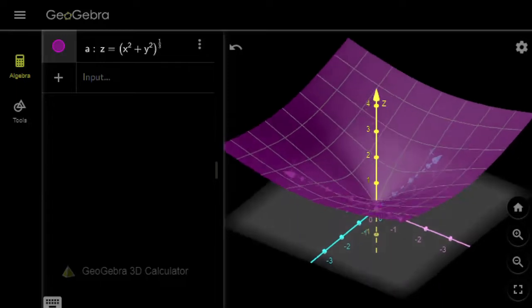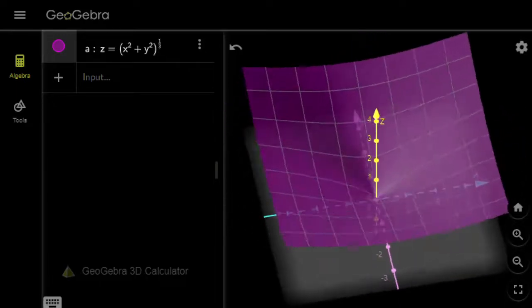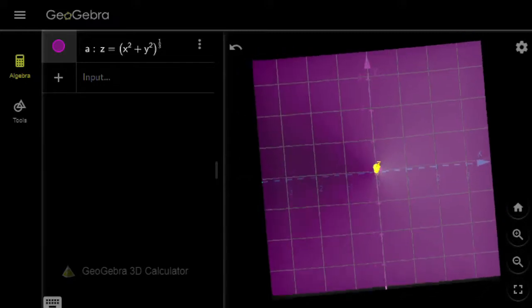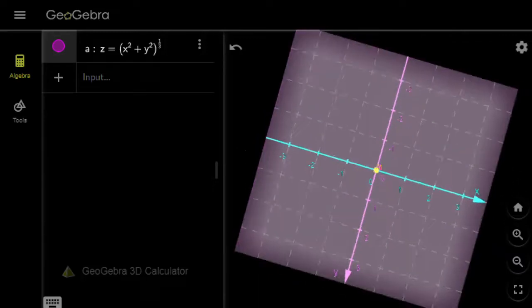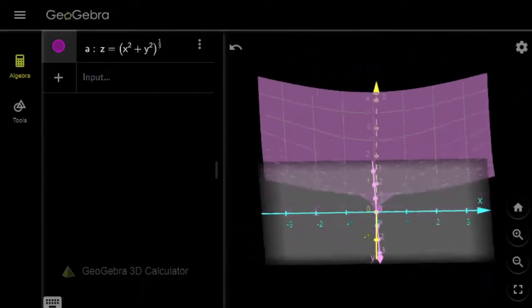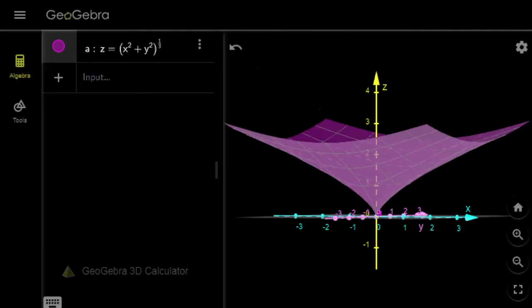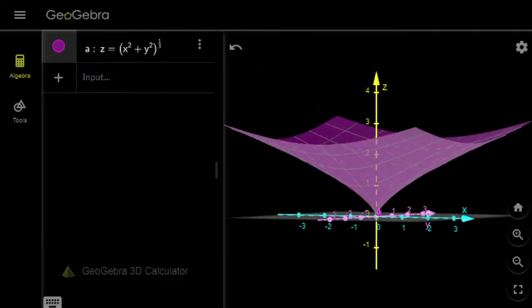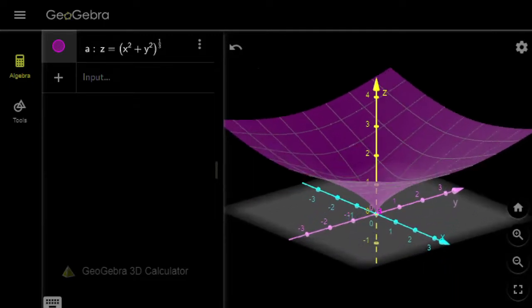But looking at it in 3 dimensions, you can see how the curve is going to go. You can look down on it, and it's very difficult to see the circles there. Looking up on it, again, difficult. But if you look at it at different angles, you can start to see that this is just a bunch of circles that are rapidly spreading apart.